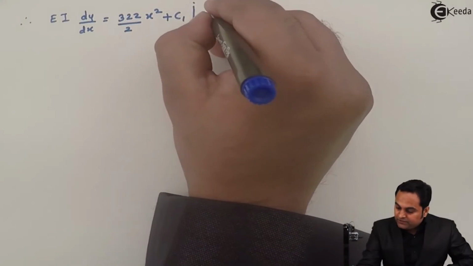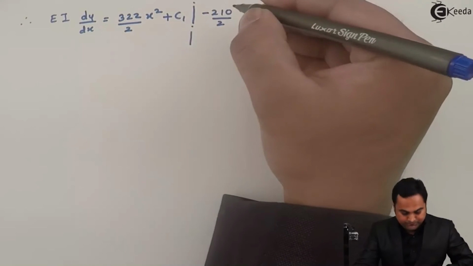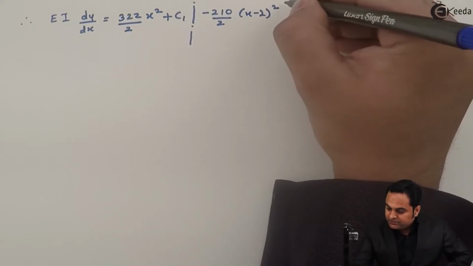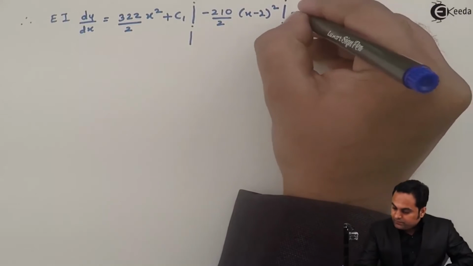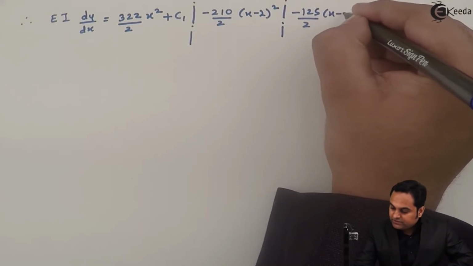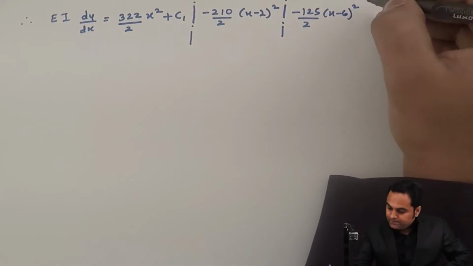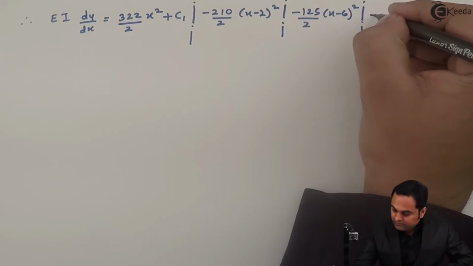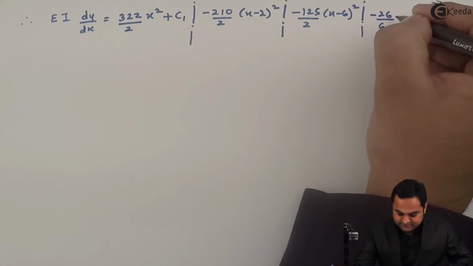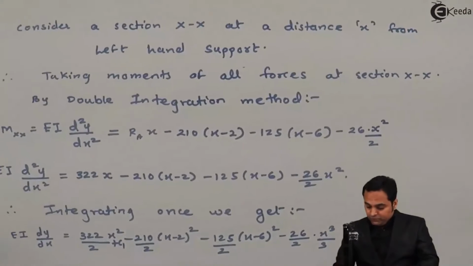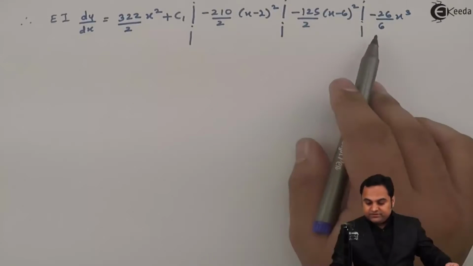Next, minus 210 by 2 into x minus 2 whole square, this is the second term, minus 125 by 2 into x minus 6 whole square, the third term, and at last we have minus 26 by 6 x cube, because here I have multiplied 2 into 3, that gives us 6.